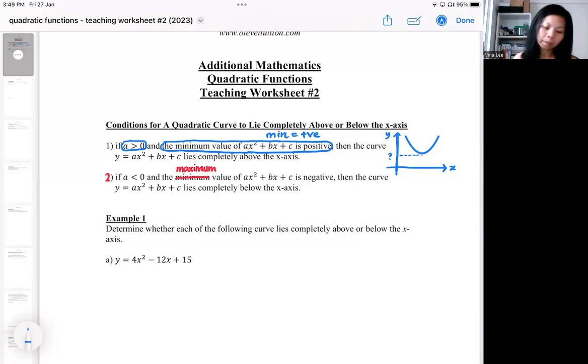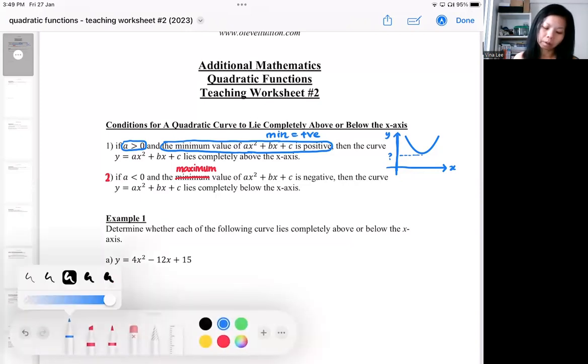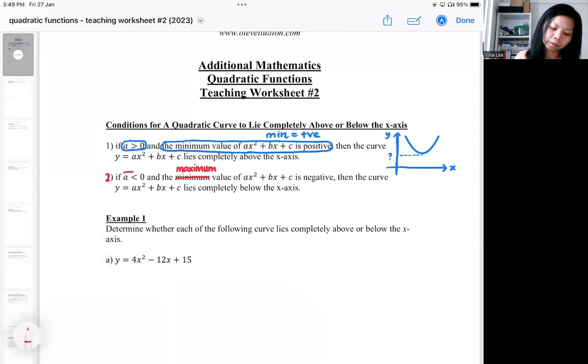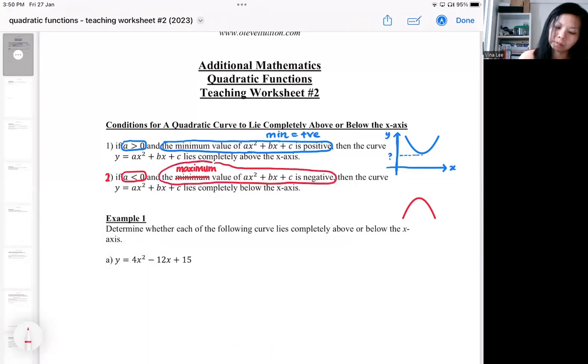In the same way, in the second situation where a is negative, that means it's a frown face graph, and the maximum value is negative.